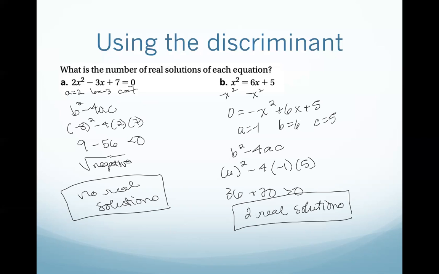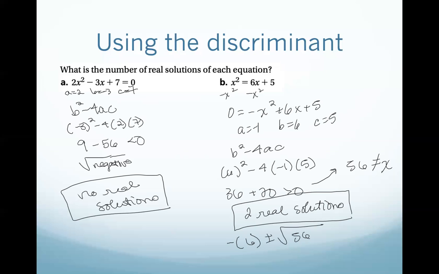Now, the value that we get here, 56, will appear as we're calculating our answer, but this is not our value for x. Remember, x is going to be -b, b was 6, plus or minus the square root of that whole thing.